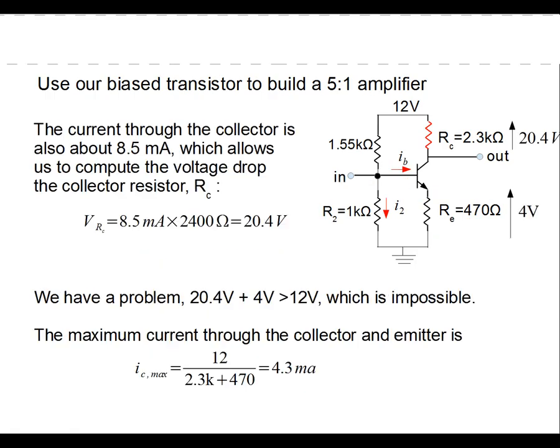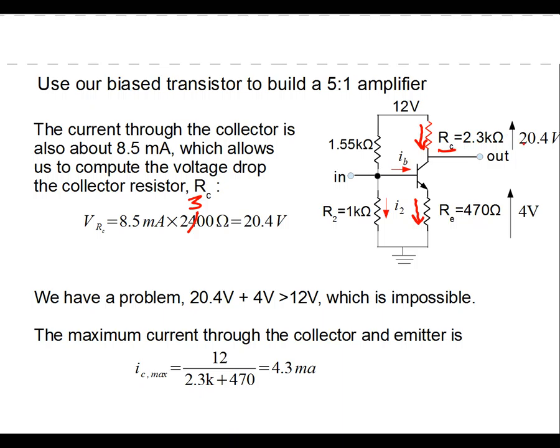So let's go through it and continue our discussion. We know that if there's 8.5 milliamps going down here, there's about 8.5 milliamps going down there. So we multiply 8.5 milliamps, and by the way, this should have been 2.3 k, by this collector resistor, and we find there's about 20 volts across the collector resistor.